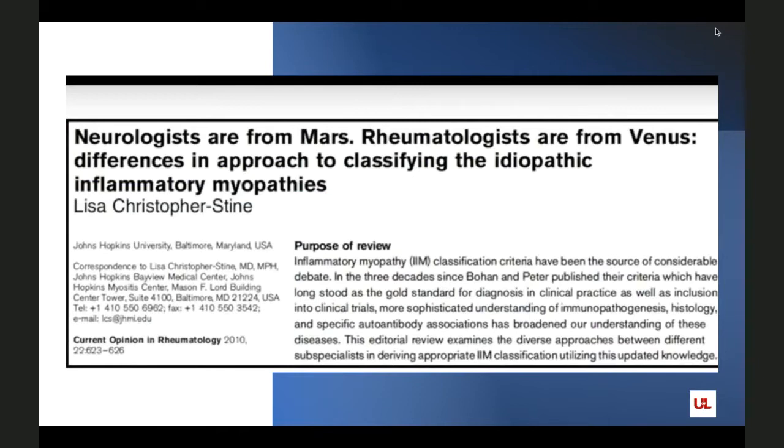So even now, we are still trying to come up with a common ground to have the myopathies classified, but we are still working on it. So hopefully down the lane, eventually we'll have one classification that is followed by both neurologists and rheumatologists, but we'll see.